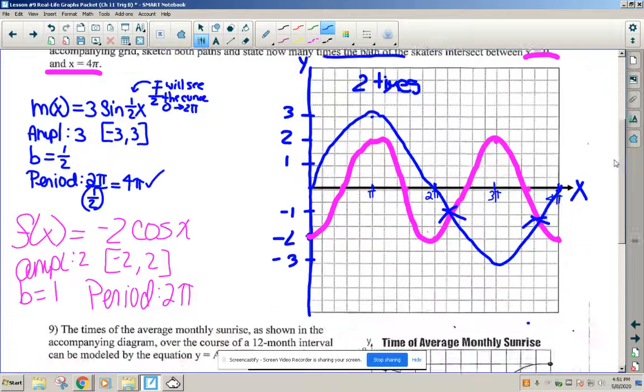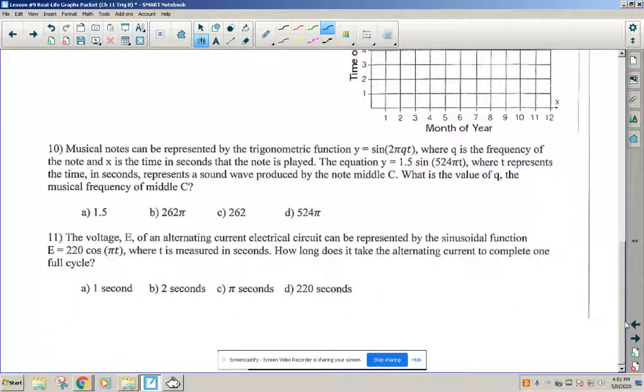And finally, before we leave, we have number 10. Now, number 10 is talking about the formula for a musical note. So here's the formula. Then they give us this musical note here with the formula filled in.